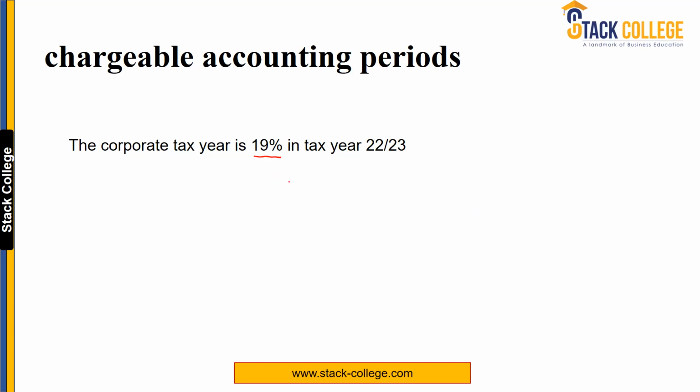For example, if the taxable total profit of a corporation is, suppose, 1 million, then tax is applicable at 19%, and this is the tax liability or tax payable, that is 190,000.